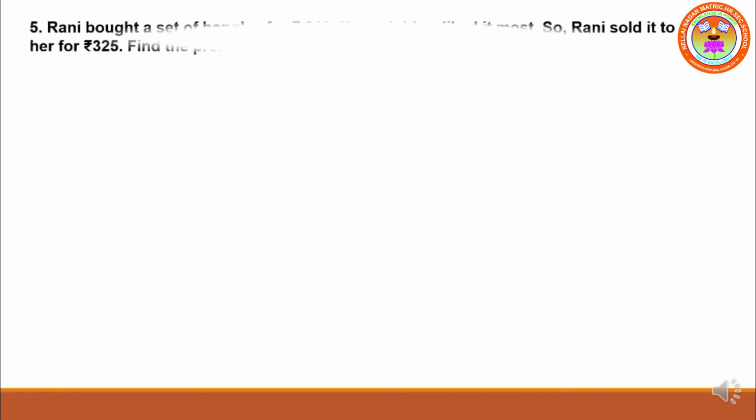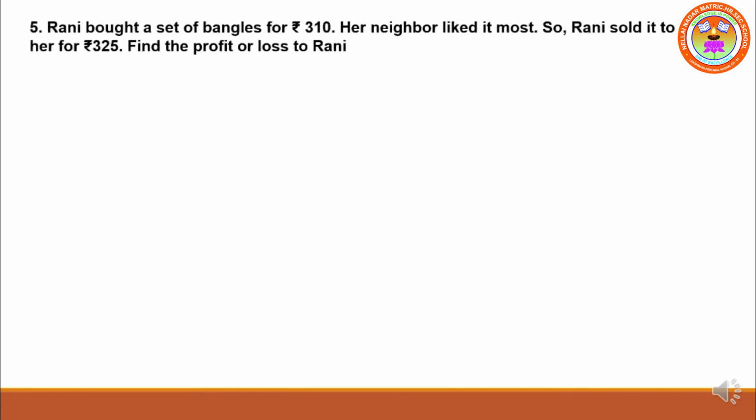Here the fifth question is given: Rani bought a set of bangles for rupees 310. Her neighbor liked it most. So Rani sold it to her for rupees 325. Find the profit or loss to Rani.